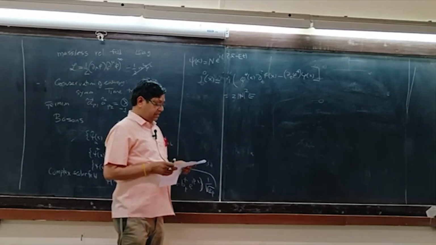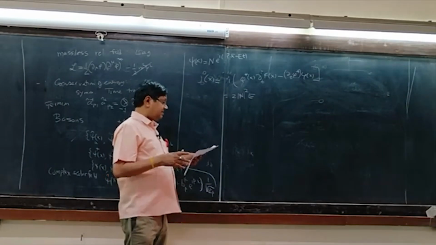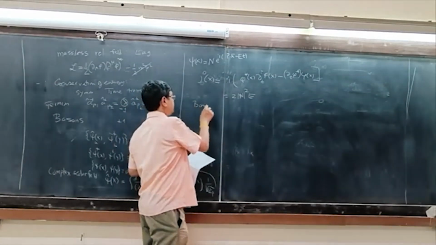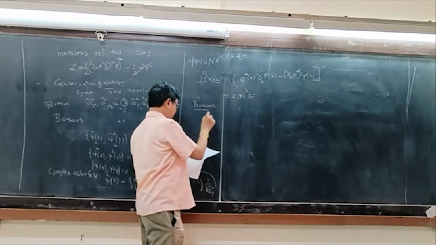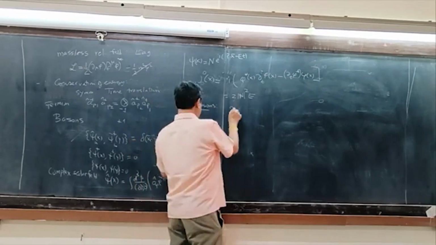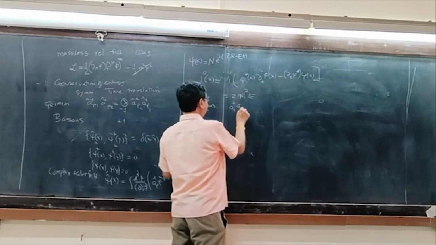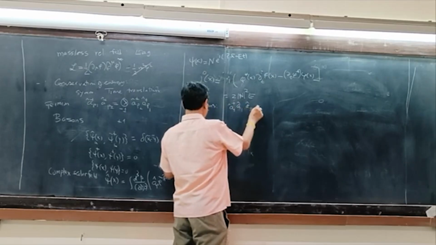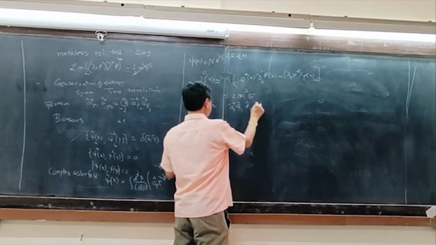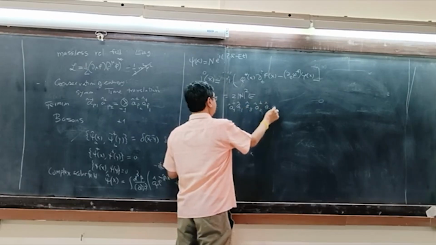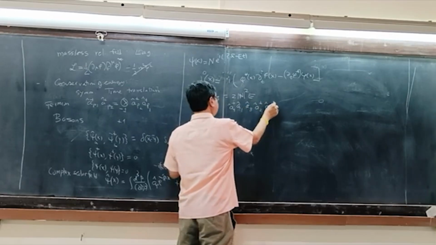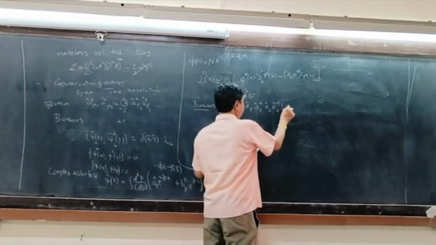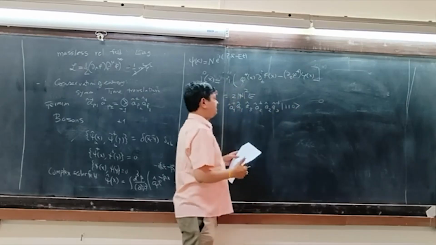Okay, the next one is slightly tricky. Well, it's not tricky, this one is not tricky. The other one is more tricky. So for bosons, you need to evaluate A1 dagger A1, A3, A2 dagger, A2, A3 dagger acting on the state 1, 1, 0. So these are operators.